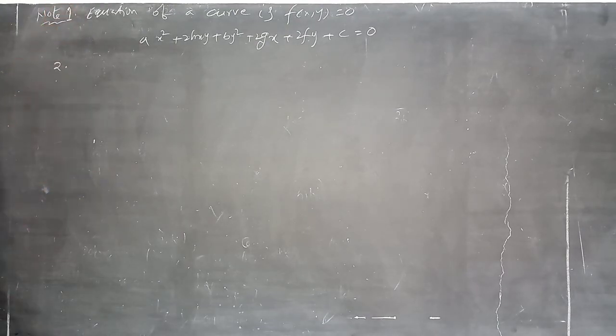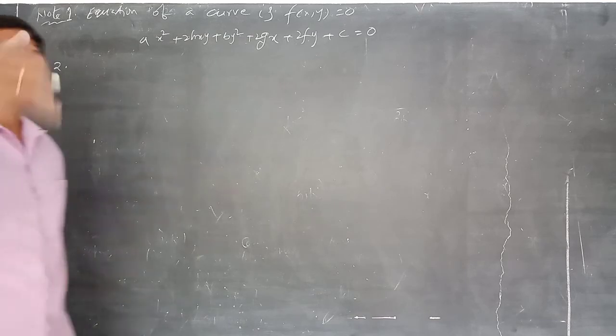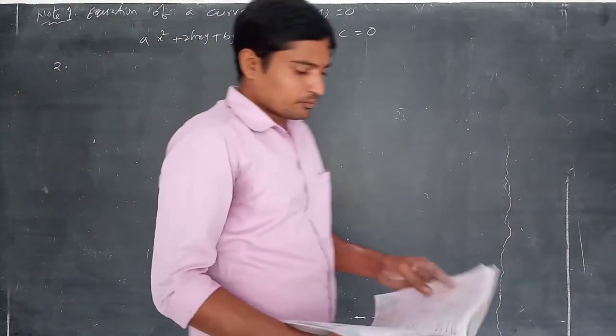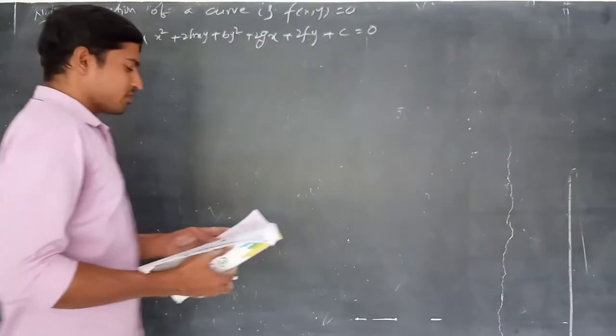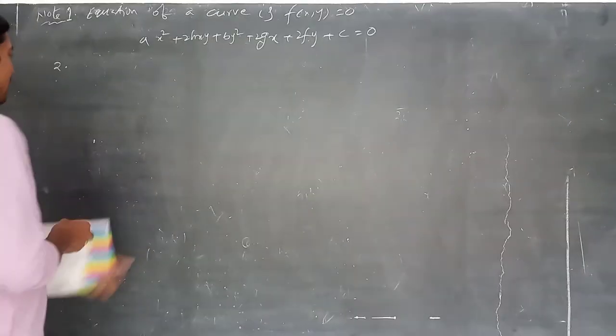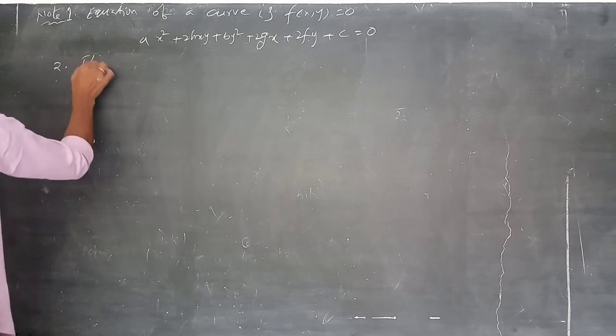Second point, the origin is shifted to h comma k, and then the equation of the curve is transformed.